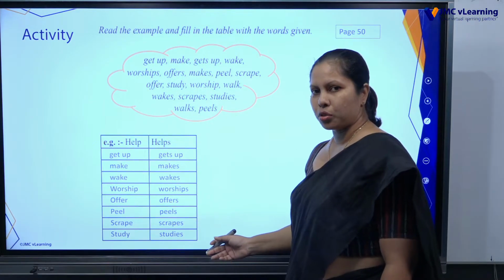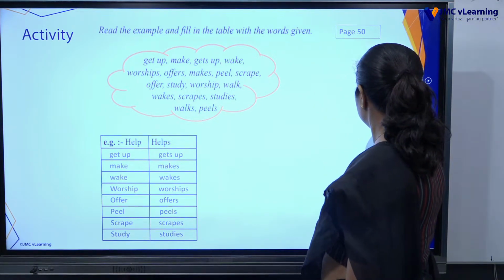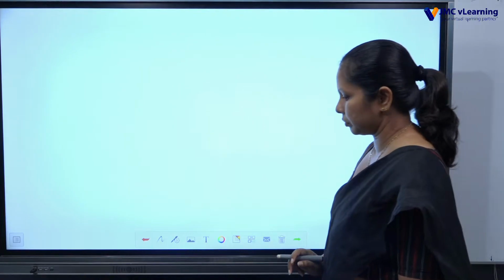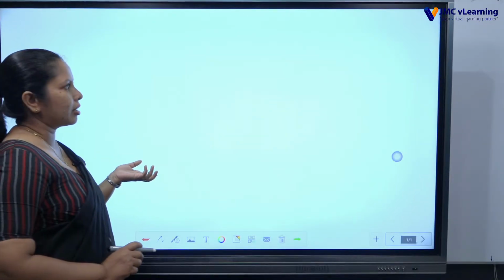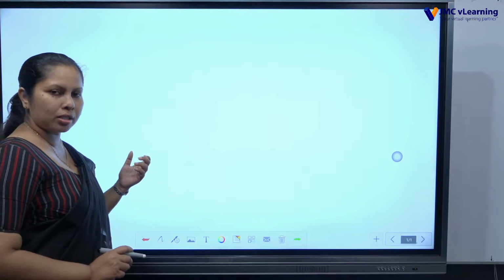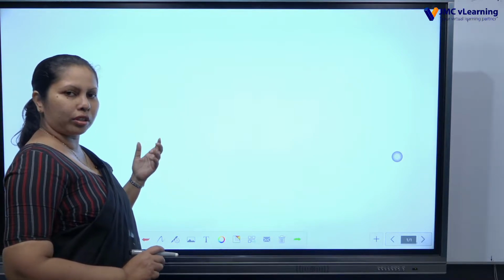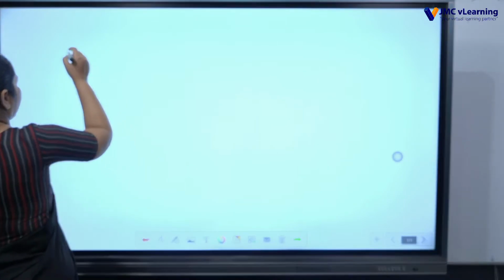Now we will go to some examples using these verbs. There was a verb walk, right? We will see how we are going to use the word walk and walks according to the noun or the pronoun. We will take Harini again.